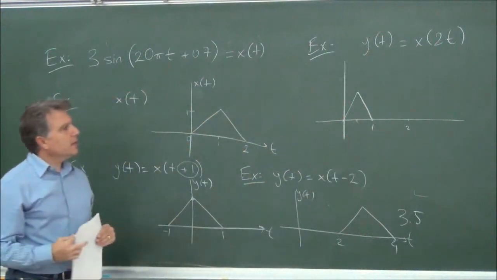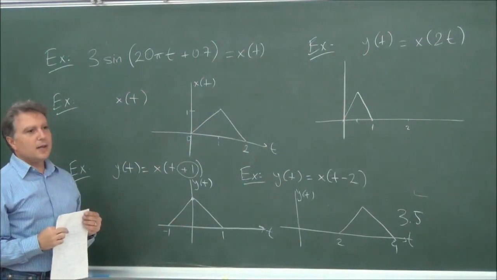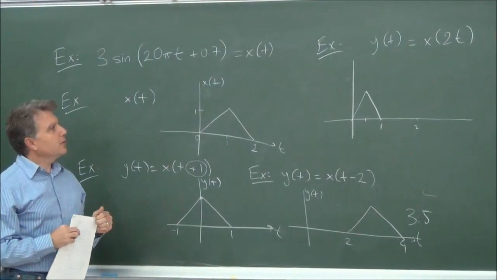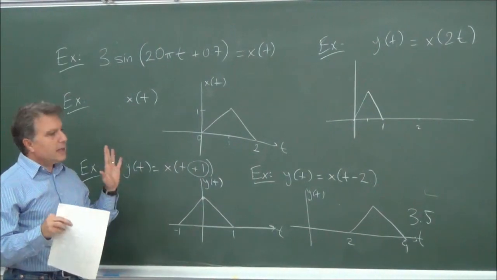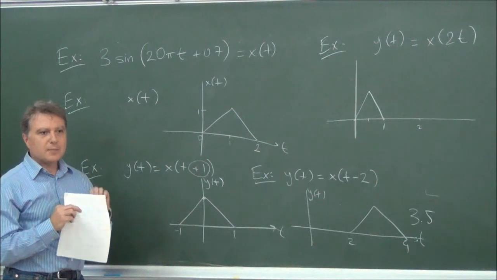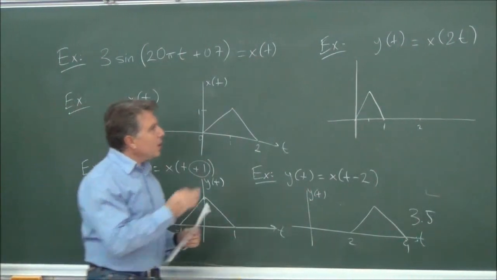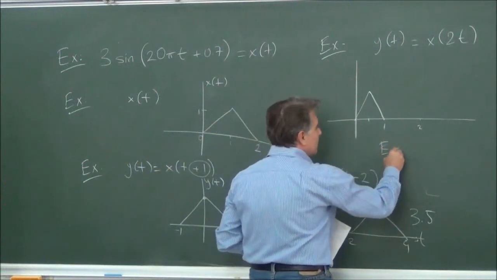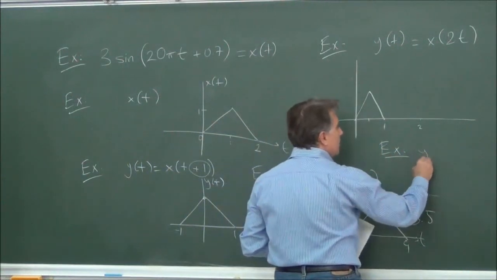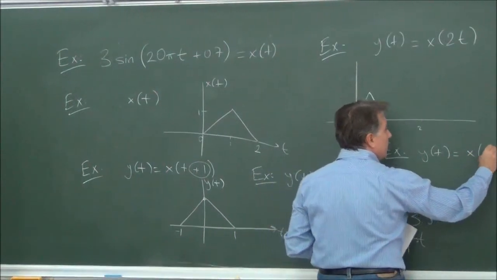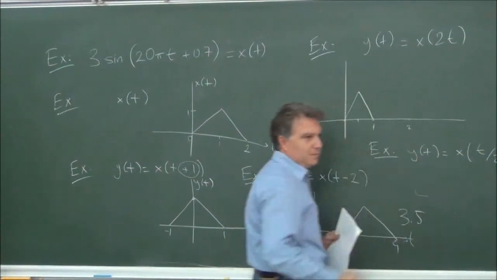Which means that if I scale the time variable with a larger than 1 magnitude scale, then it will squeeze in time. I'm squeezing the signal. It becomes narrower. The opposite will be wider, of course. X of t over 2, 0.5.